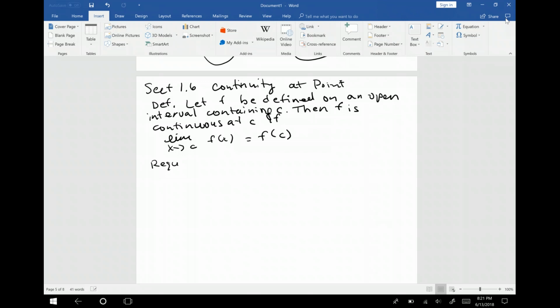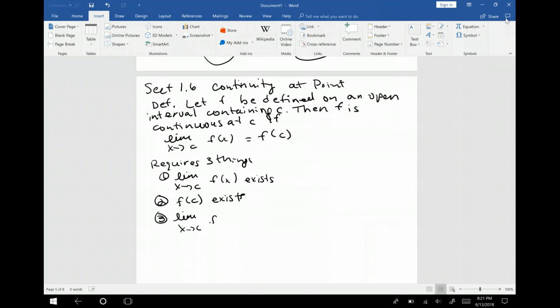So this requires three things to happen. This statement is the same thing as saying that the limit as x approaches c of f of x exists, and f of c exists, which just means the value of the function is defined, and the limit as x approaches c of f of x is equal to the value of the function at c.